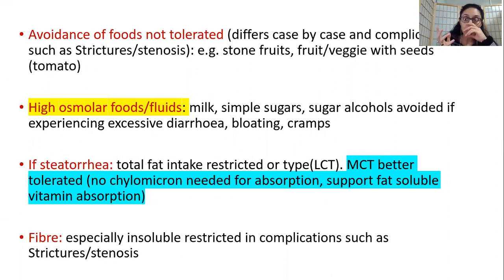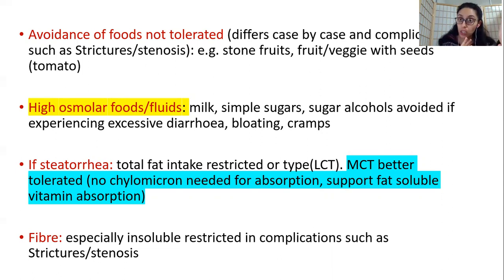Why? Because this may increase their risk of diarrhea, bloating, abdominal cramps, since anyway their absorption and digestion are impaired. With strictures, stenosis, the more complicated cases, it is highly unlikely that they are able to tolerate these kinds of osmotic fluids. Then if they have steatorrhea, meaning they are excreting a lot of fat because of impaired absorption, they may be put on a low fat diet, or the quality of fat may change.